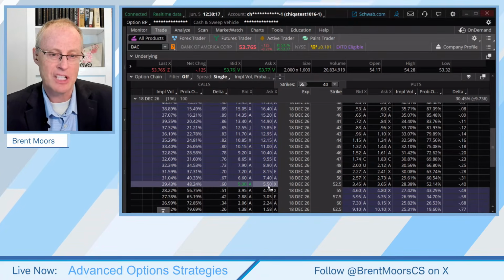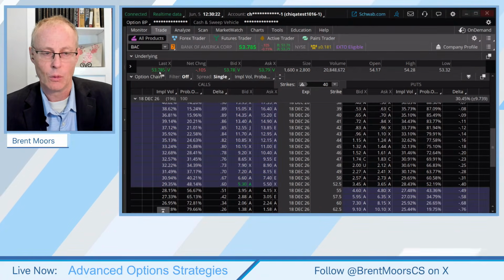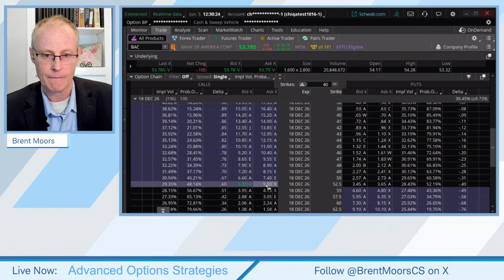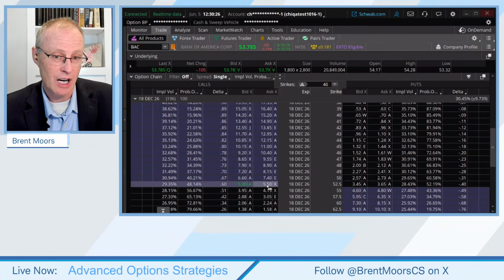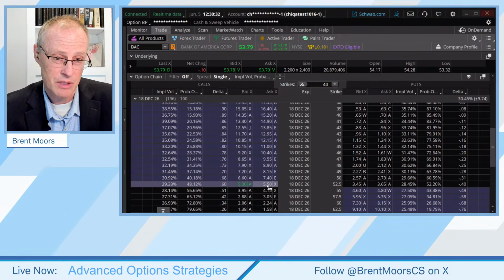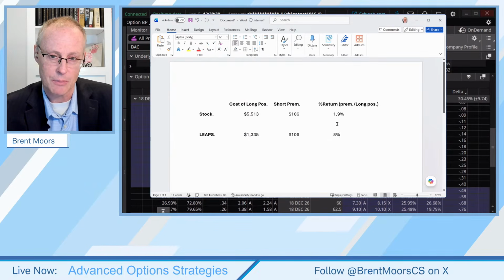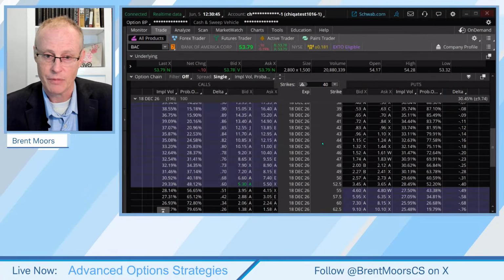Notice that's basically 1/10 of the price of buying the stock, roughly. So when we talk about percentage returns, there are different ways to relate to them, but the percentage returns are going to be basically 10 times the LEAPS versus the stock in that case, okay?